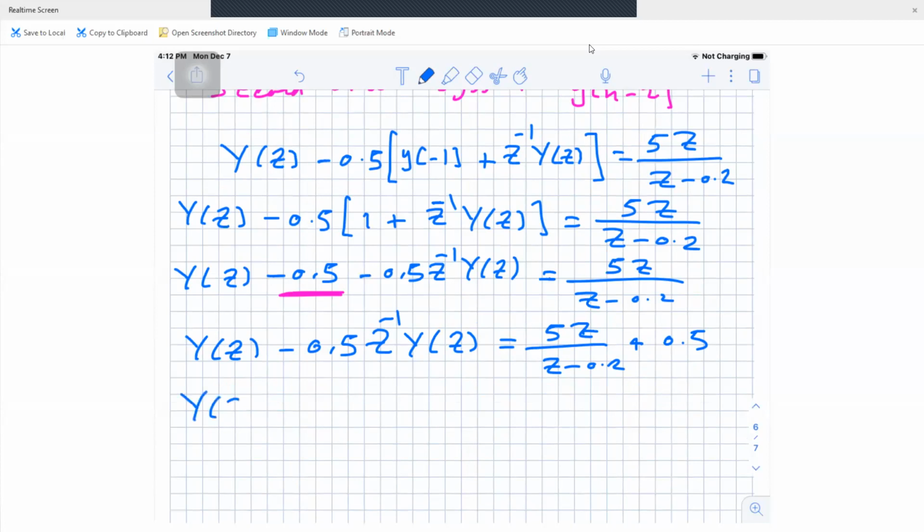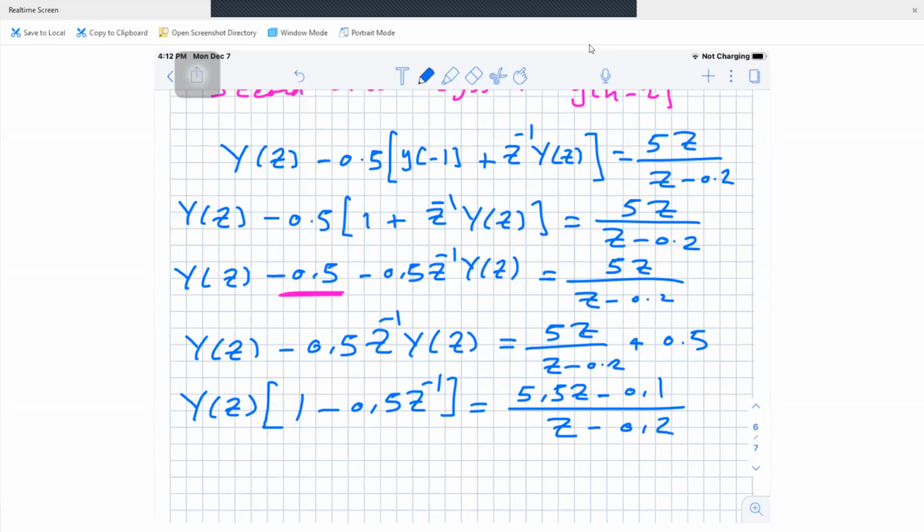Now y of z taken out, the remaining will be 1 minus 0.5 z to minus 1, and the other side again can be simplified by finding the common denominator and solving. It will be 5.5 z minus 0.1 divided by z minus 0.2. This will be the equation after simplification.